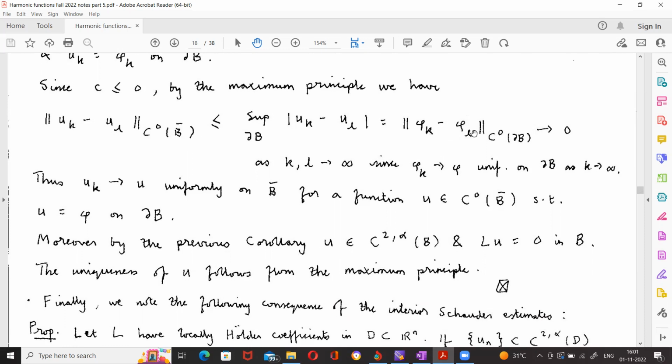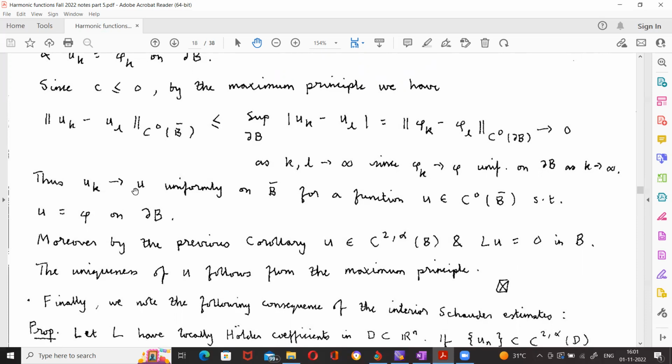And this goes to 0 because the phi_k's are converging uniformly on the boundary. So that means u_k converges to u uniformly on the closed ball, right? And since the Lu_k's are all 0 and the u_k's are C2,alpha, by the previous corollary u is in C2,alpha, right? And Lu is 0.